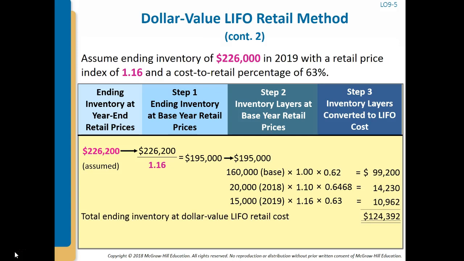Also assume that the cost to retail percentage for 2019 net purchases is 63%. Here the ending inventory is converted to base year retail prices in step 1. The amount is apportioned into layers, each at base year retail prices, step 2. Layers are then converted to LIFO costs in step 3.